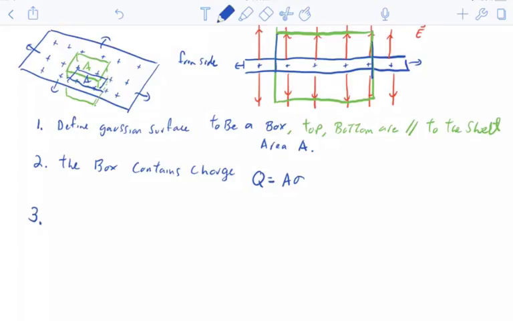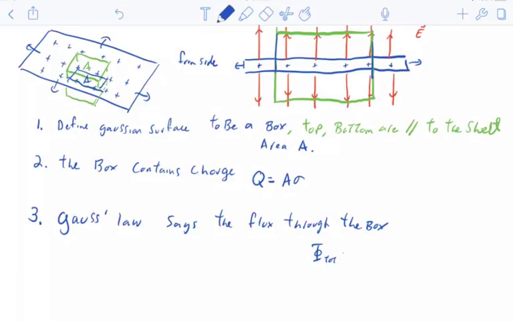Step 3. Gauss's law says the flux through the box, the total flux, is equal to A sigma over epsilon naught. Okay.